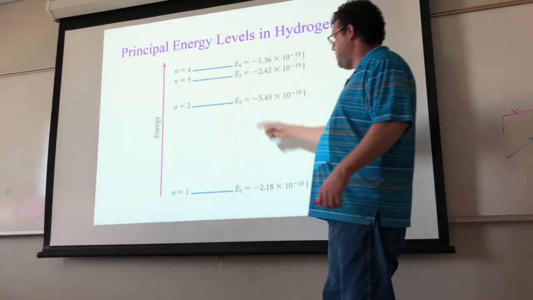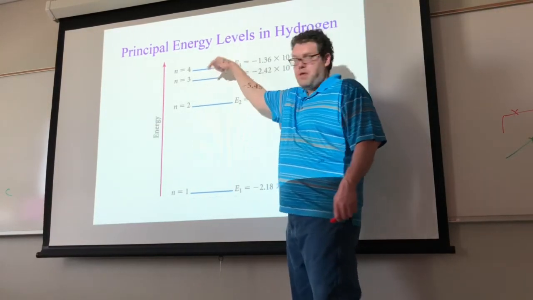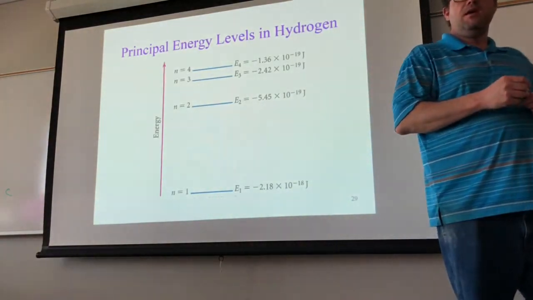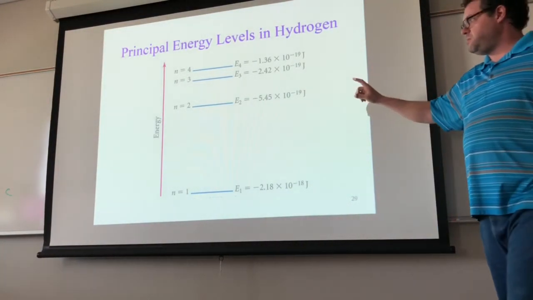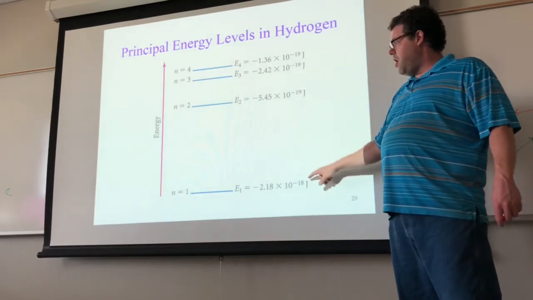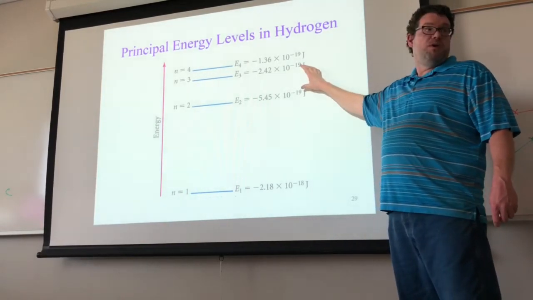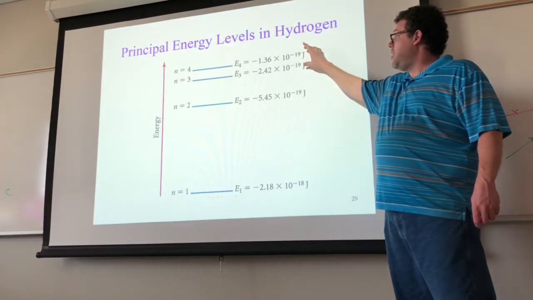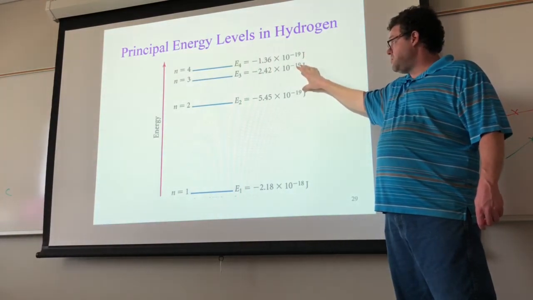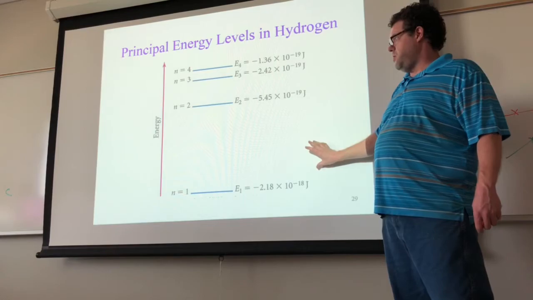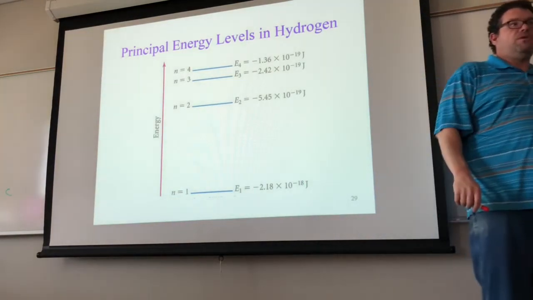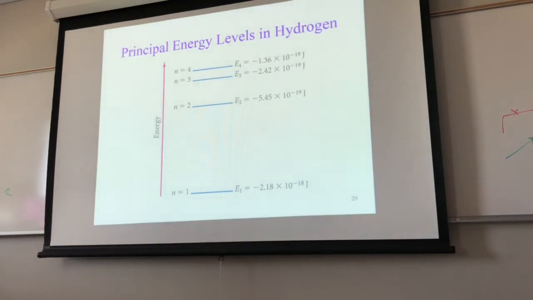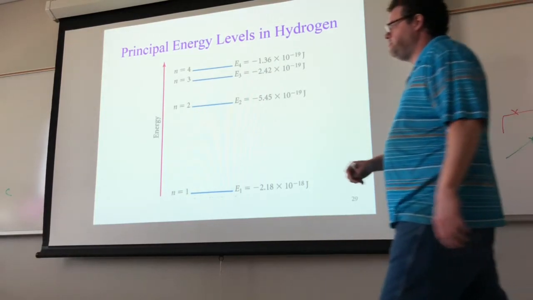But notice that the distance between 1 and 2 is much bigger than the distances between 2 and 3 and between 3 and 4. That's because of what we just proved mathematically. 1 minus 1/4 is a lot bigger than 1/4 minus 1/9, and that's where those numbers are coming from.